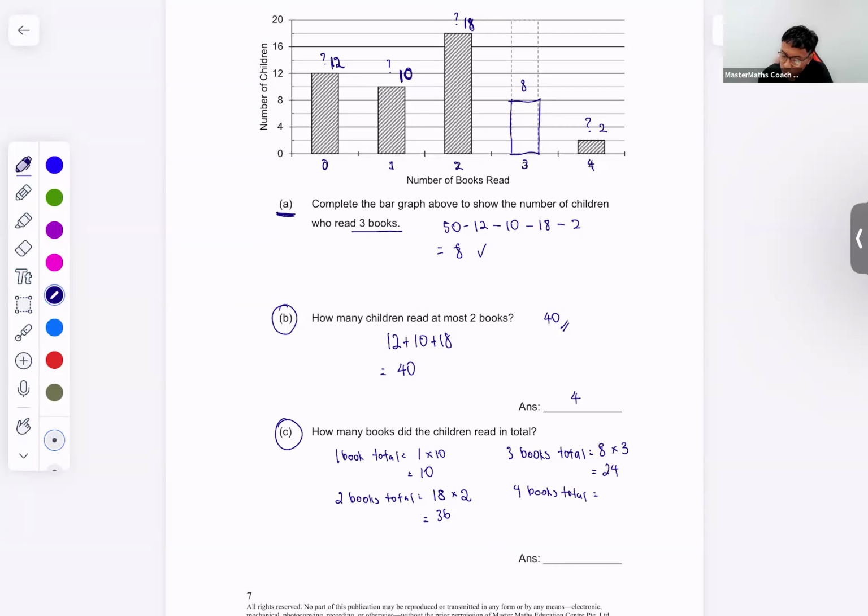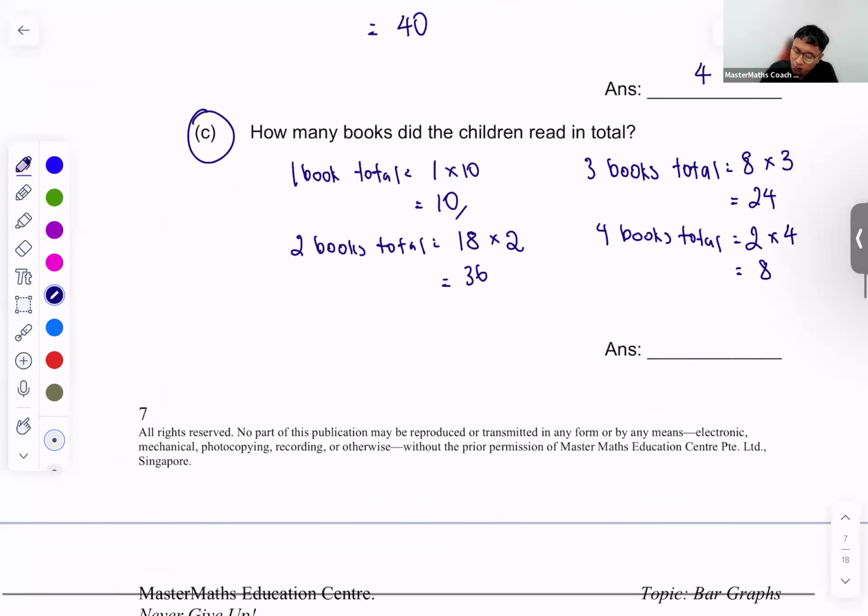We have 2 students reading 4 books each. So 2 times 4, 8. Correct.